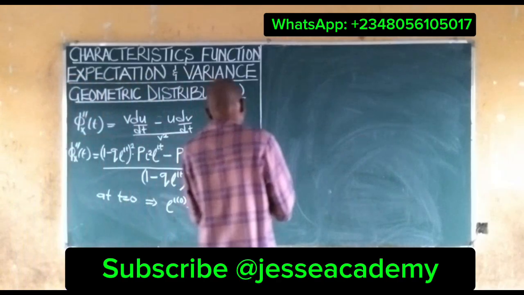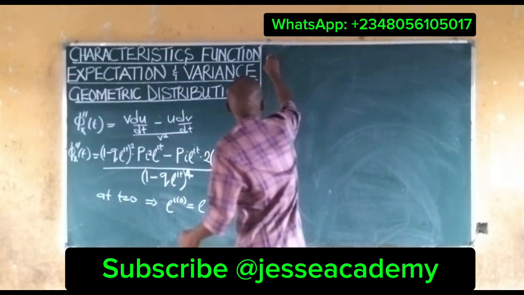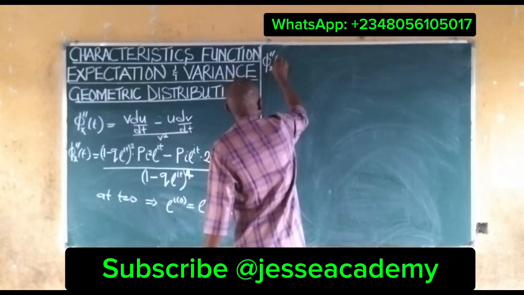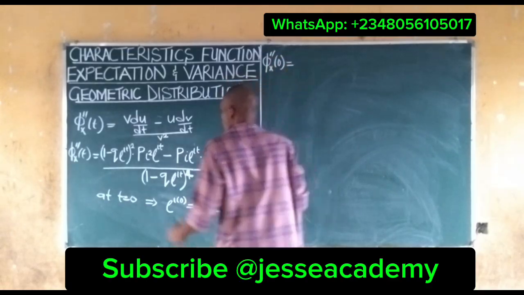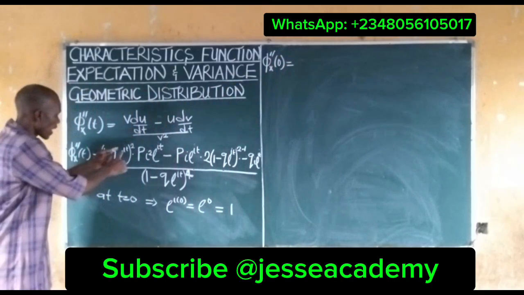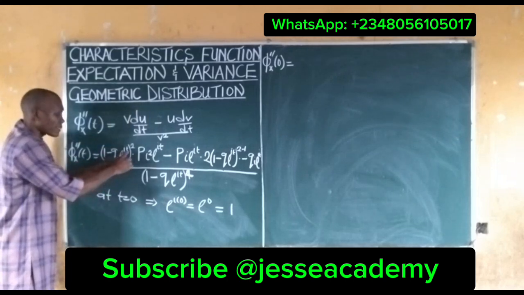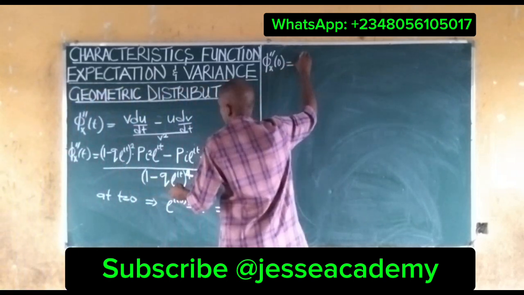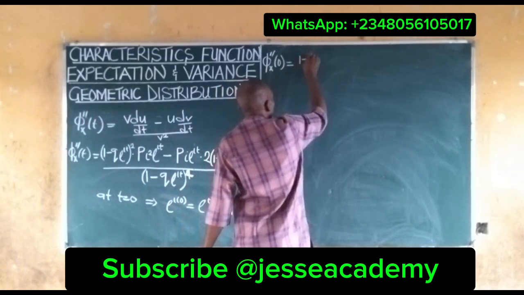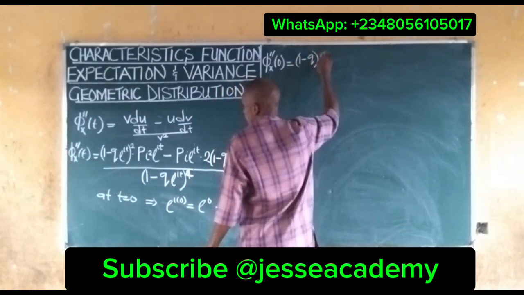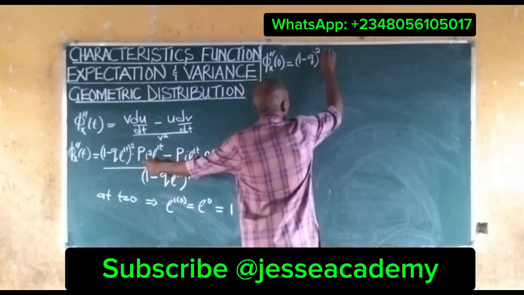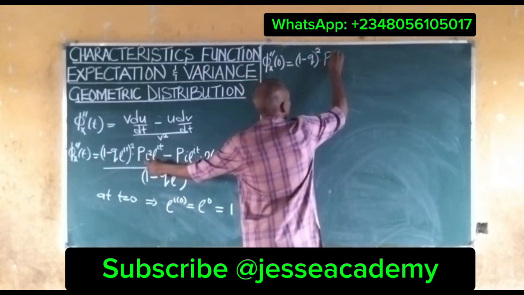So what we do here is that we write the characteristic function at t equal to 0. At t equal to 0, because of space, anywhere we see exponential I t, it becomes 1. So we have 1 minus q, multiplied by p I squared.